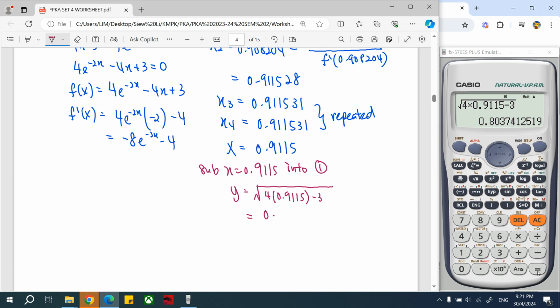So here we get the y coordinate in 4 significant figures also. So 3, 7, 4, 4, no need to round off.